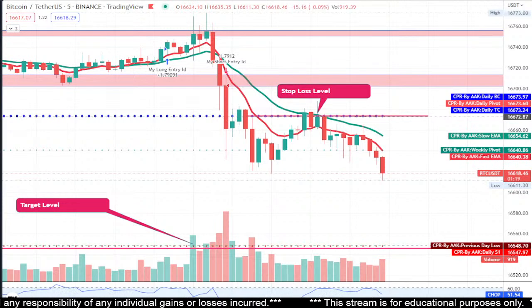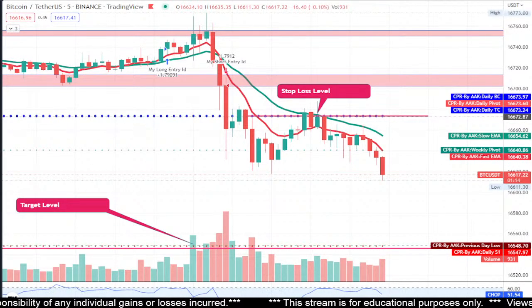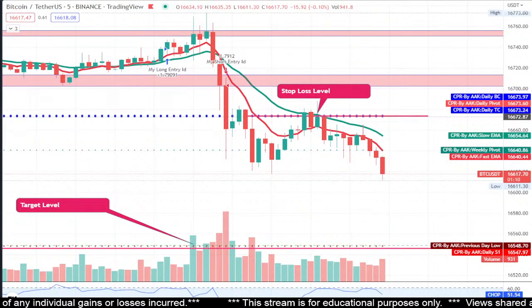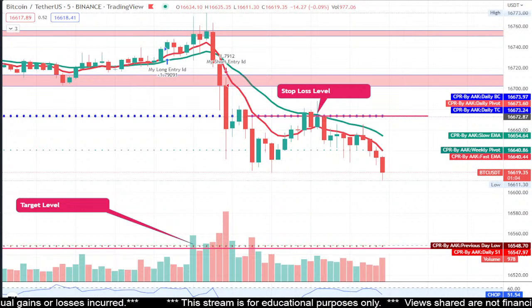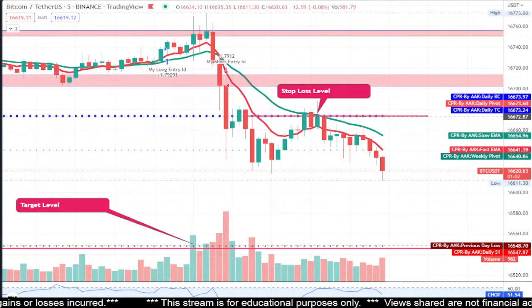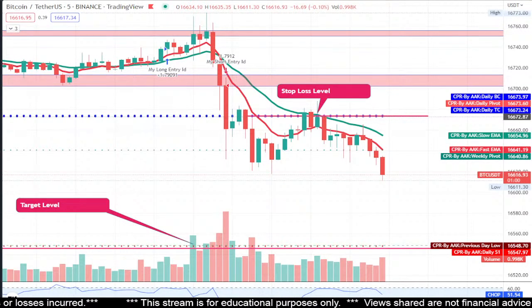If this candle closes at or below the previous low level of 617, then definitely we can expect a sharp fall towards the previous day low level. Right now we still have another 1 minute for this candle to close, and I'm expecting the movement pretty quick.